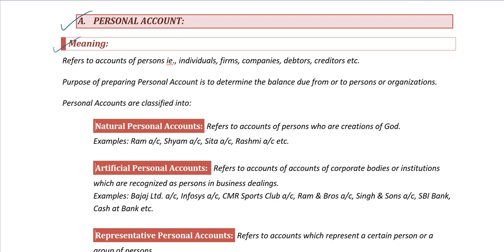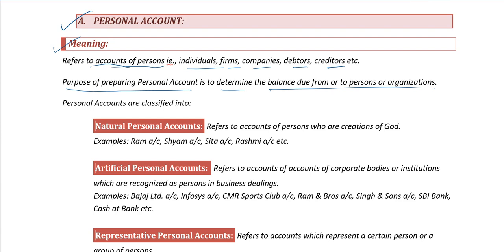What is the meaning of personal account? It refers to accounts of persons, individuals, firms, companies, debtors and creditors. So these are personal accounts, accounts of individuals, firms, companies, debtors, creditors, etc. Why do we prepare personal accounts? The purpose of preparing personal accounts is to determine the balance due from or to persons or organizations.